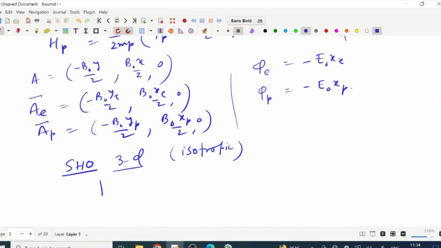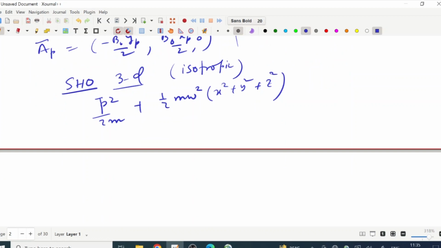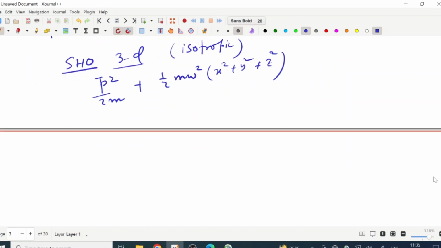So, this Hamiltonian is p vector square by 2m plus half m omega square, and then you have x square plus y square plus z square. This is the Hamiltonian for the harmonic oscillator in 3 dimensions.